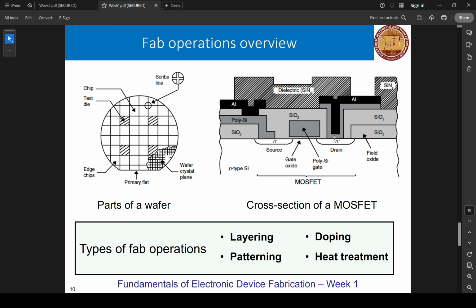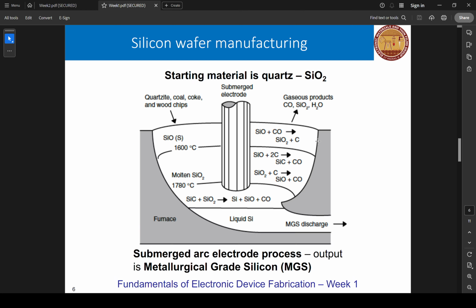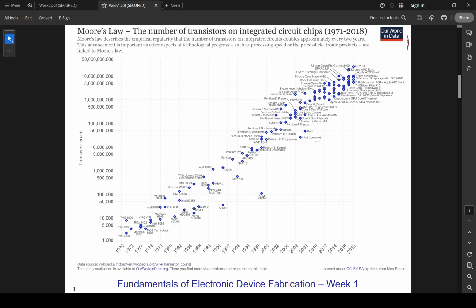Since it's a very thin material, right now you have learned about Moore's law. Moore's law is slowing down because there's a physical limit to how small you can make your transistor.